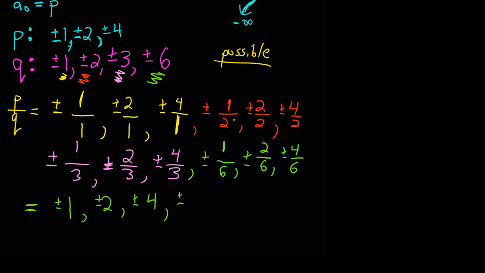Then I'm going to have 1/2. But notice 2 over 2 is 1, and I already have that, so I'm not going to write it again. 4 over 2 is 2, and I have that also, so I'm not going to write it again.